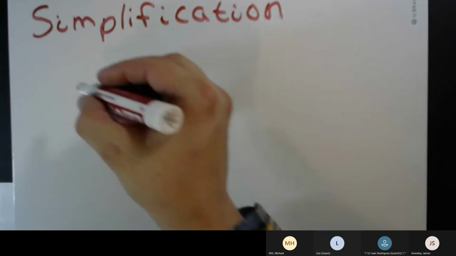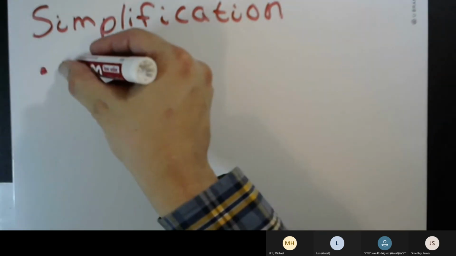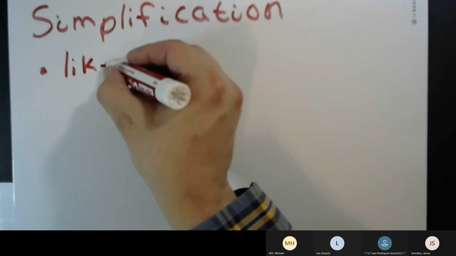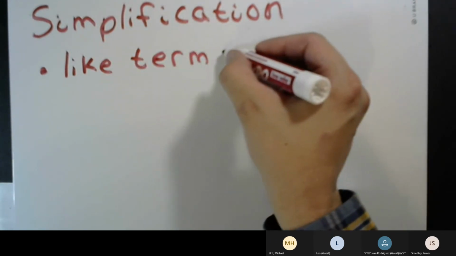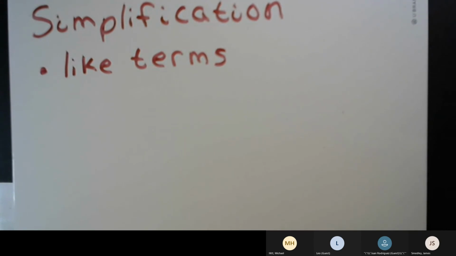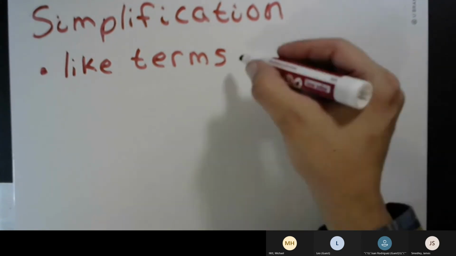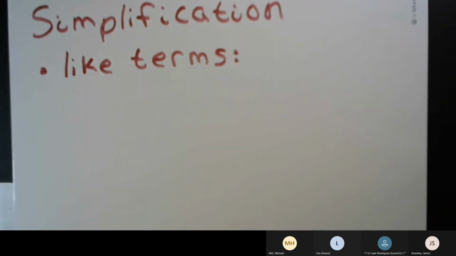And the first thing of simplification we're going to talk about are like terms. So what are like terms? Well, we talked about what terms are briefly. These are expressions separated by pluses and minuses. They're sort of islands, really, with pluses and minuses in between.